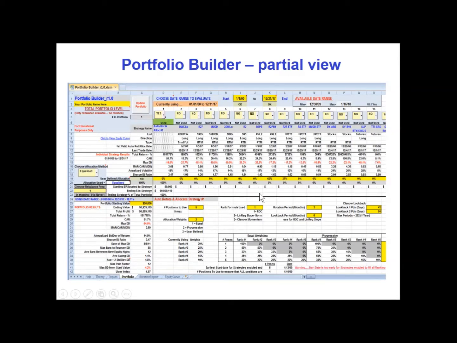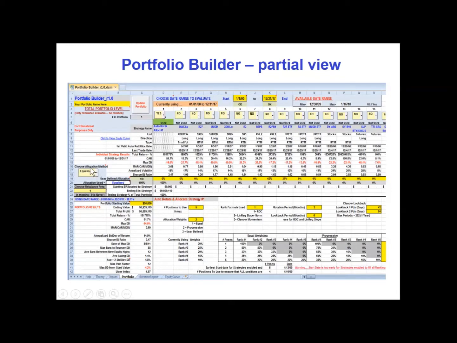Okay. All right, so up here you got these. You enable them by clicking on these boxes. There's lines here. If you're using it, it'll turn green. If there's no data, it'll say no data on that line. And then up here, at the total portfolio level, you have a couple different ways to allocate the funds.